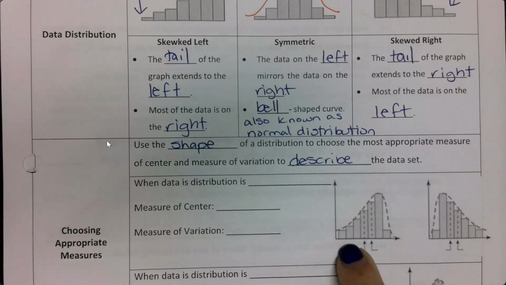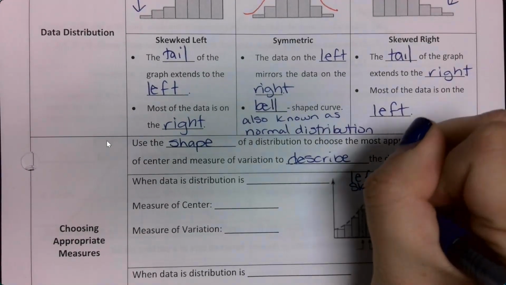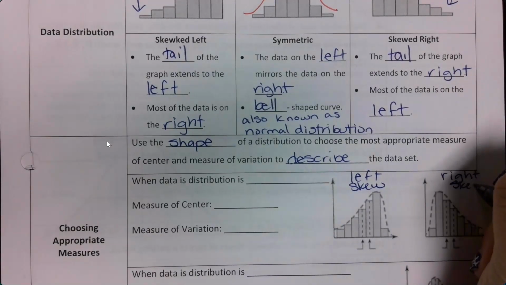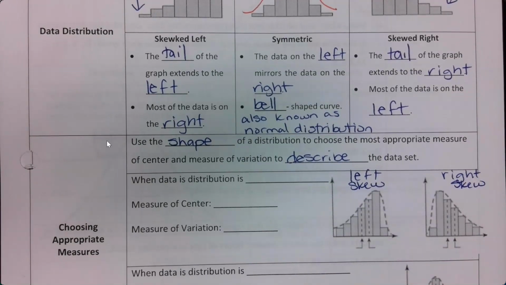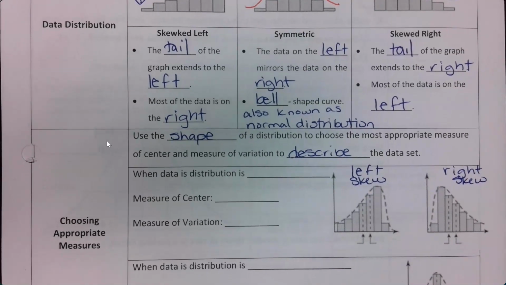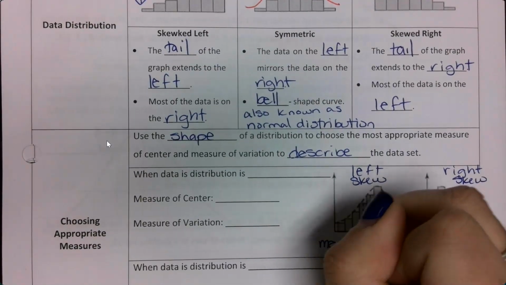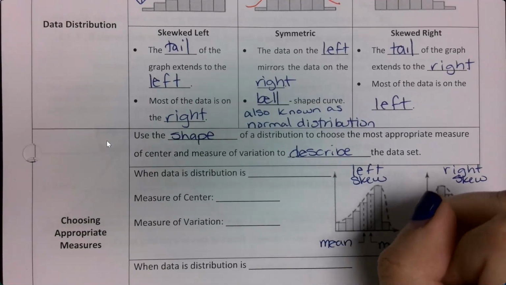So first I'm going to take a look at these two graphs. This one is left skew, and this one is right skew, because of where the tails are. So on the left one, this first dashed line represents my mean, and the second dashed line represents my median.